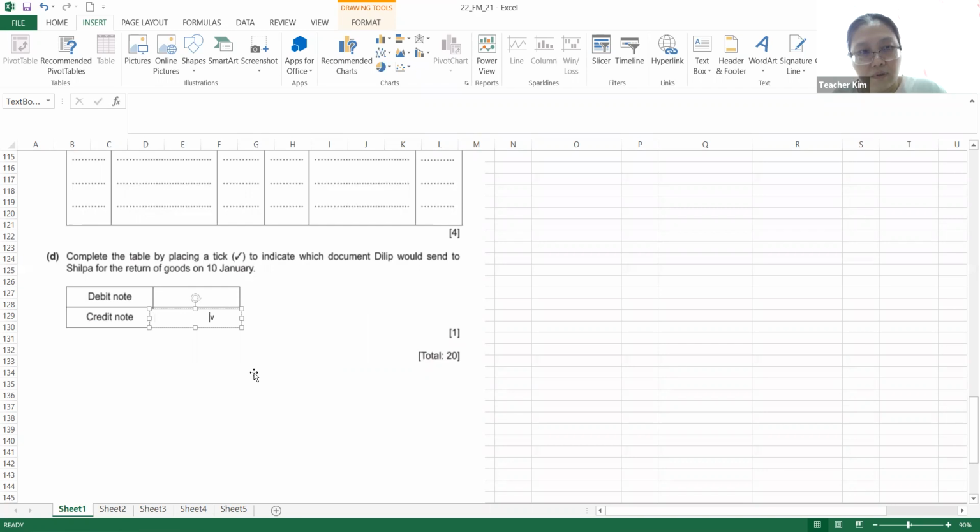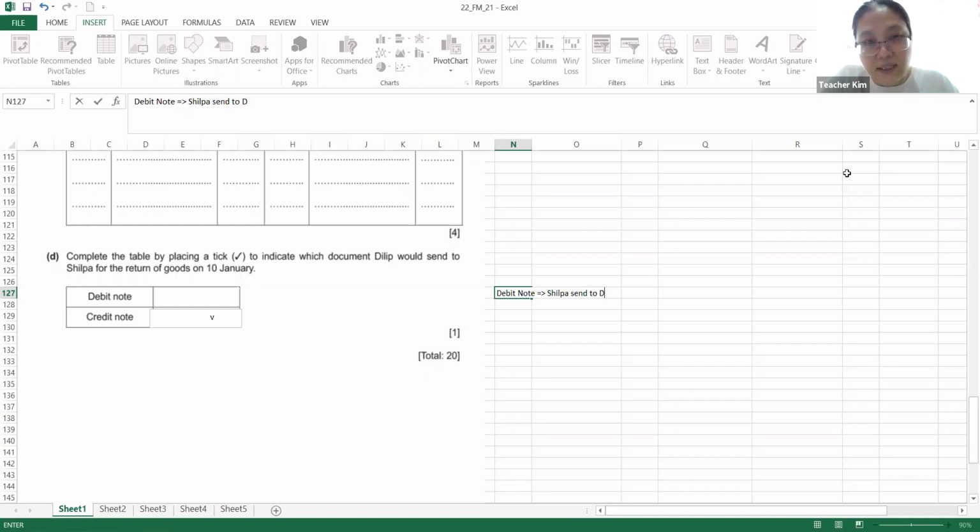Okay. Just for information, in case they ask for the debit note. This debit note, who will send it? Shipa will send it, Shipa sends to Dilip, when Shipa returns goods to Dilip.